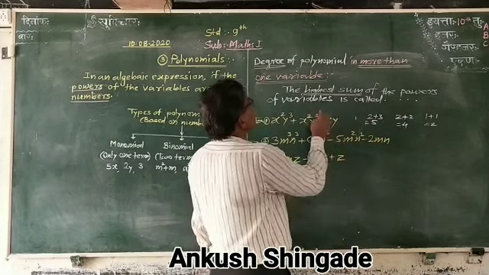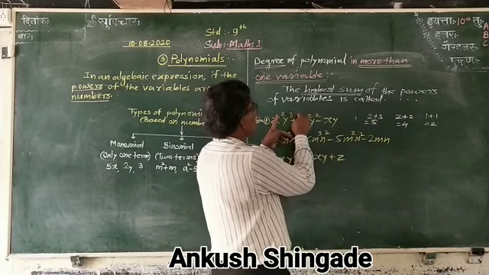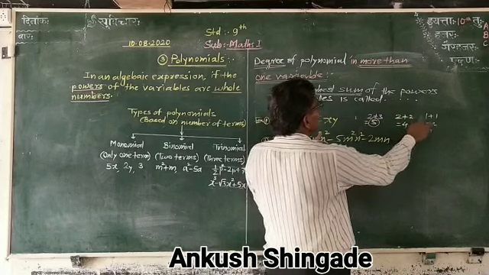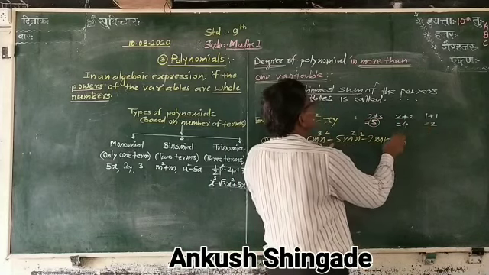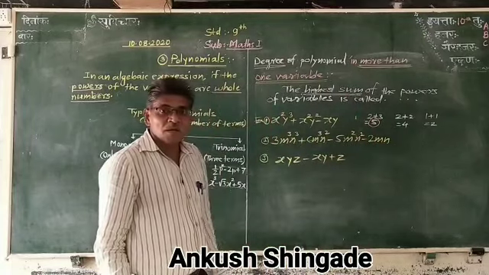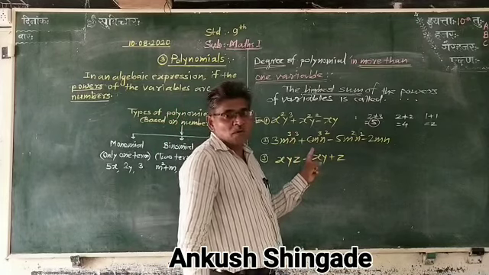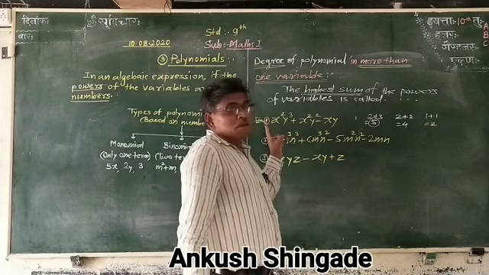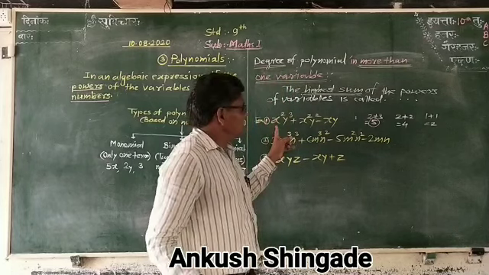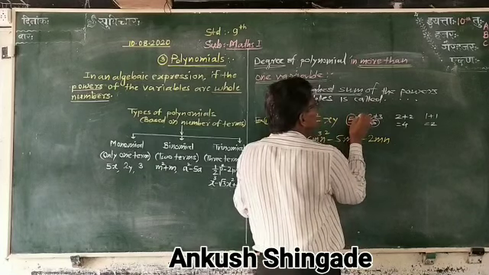Then the highest sum of the powers is 5. Therefore, the degree of this polynomial is 5.